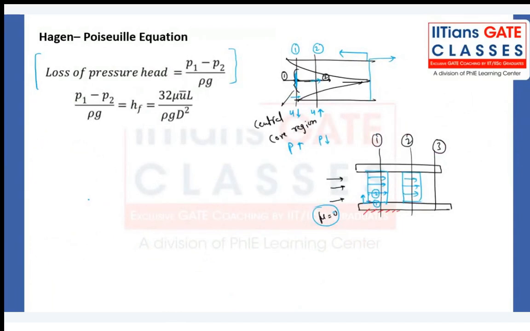Because P1 minus P2 has a unit of Newton per meter square, and rho g has the unit Newton per meter cube. So this will cancel out, and I will have the unit in terms of meter. So that is known as the Hagen-Poiseuille equation. This one.